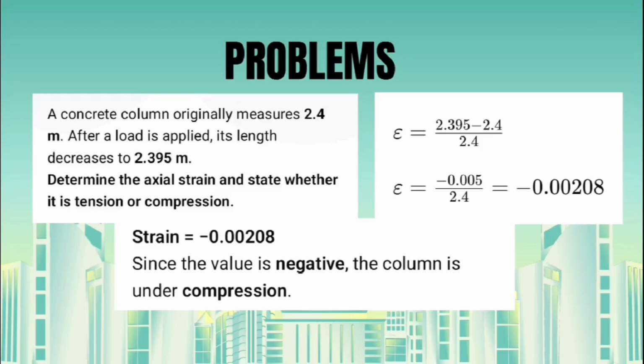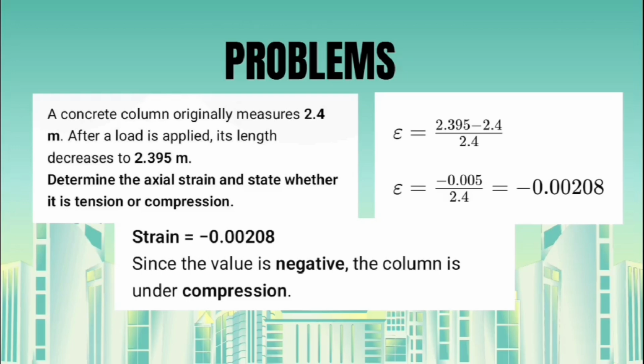Using the formula in getting the axial strain, as we can see, the length is already given, just like sample problem number 1. So we just need to substitute directly the given length. Now, epsilon is equal to 2.395 minus 2.4 divided by 2.4.